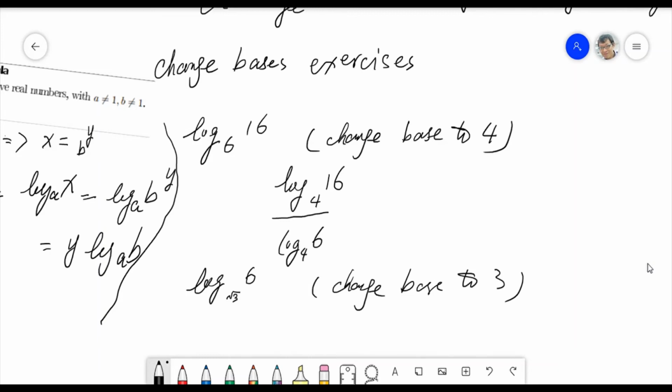Am I right? So we already changed the base. But anyway, here we can simplify. Here can be log base 4 of 4 to the second power, right? This is not necessary, it's just 4, 6.